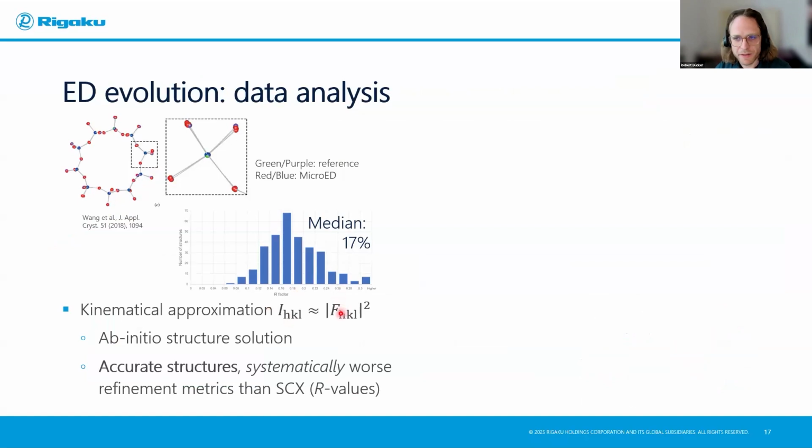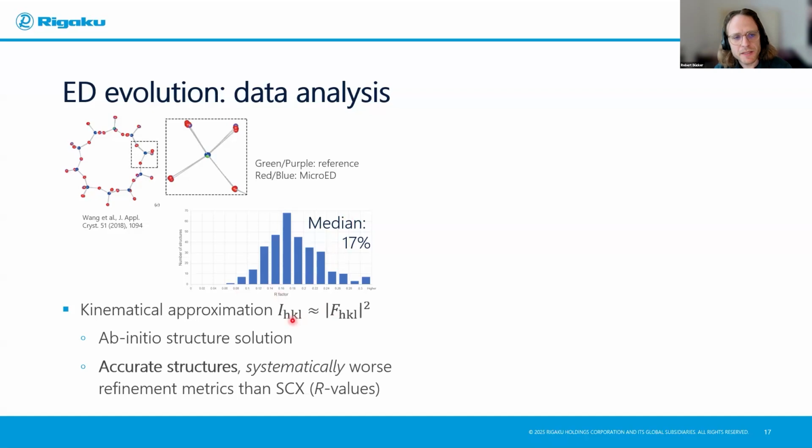If you do a refinement that actually minimizes this difference, it will of course not converge to something as small as it does with X-rays. So the median is typically like 17%, from some statistics from our labs, and this is what most ED researchers will confirm. Still, this holds well enough to easily get an ab-initio structure solution. This doesn't depend that much on accurate intensities anyway.